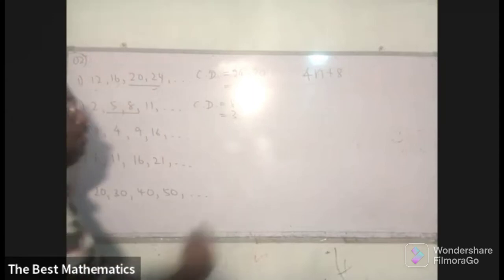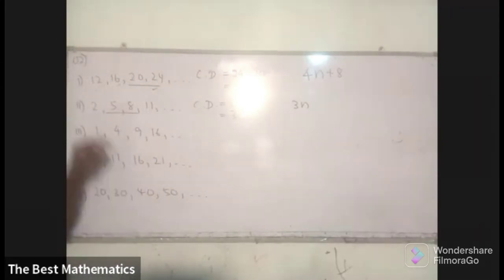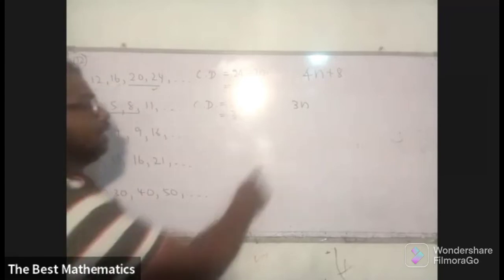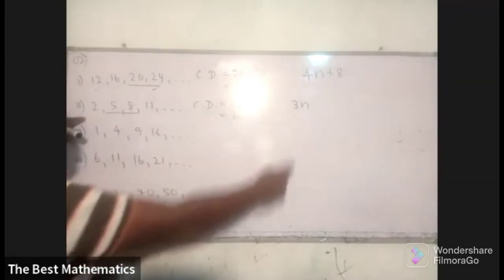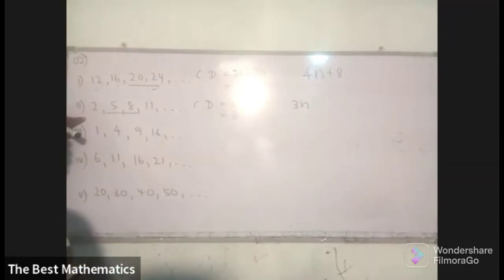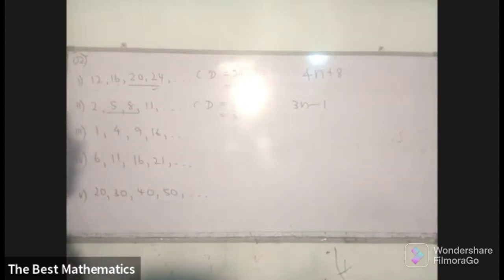Then 3n, apply n for this 3. Then find the first term, that is 2. 3 times 1 is 3. To build up 2, subtract 1. So 3n minus 1. Yes.